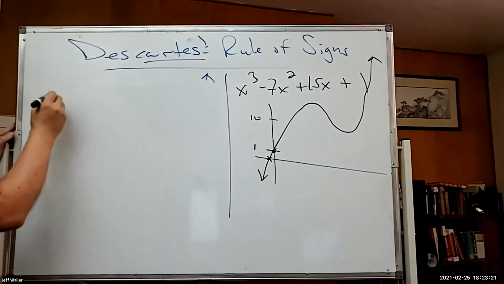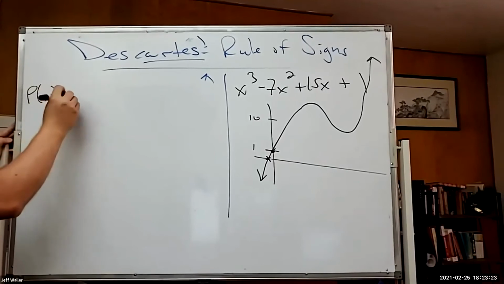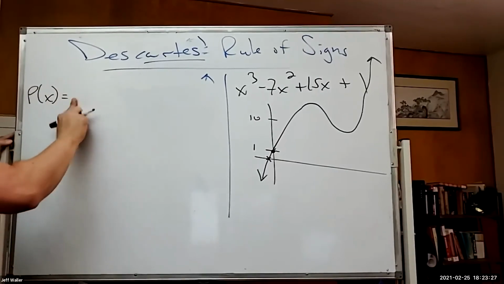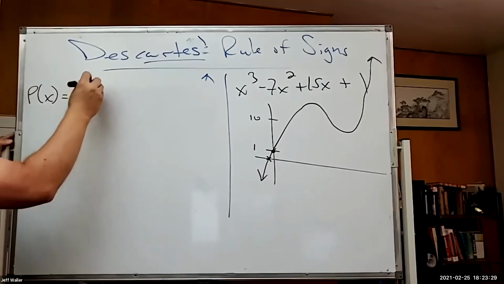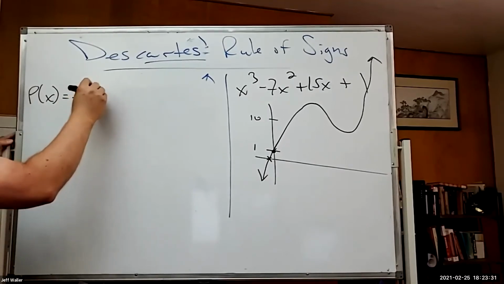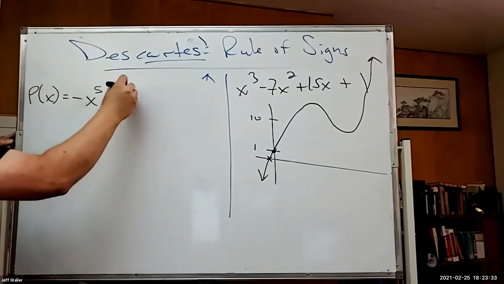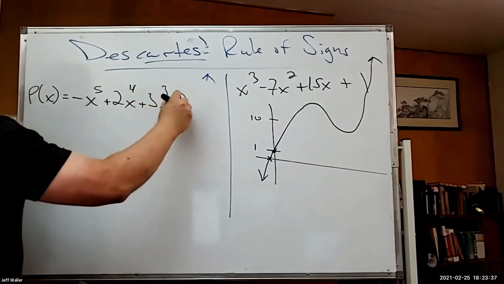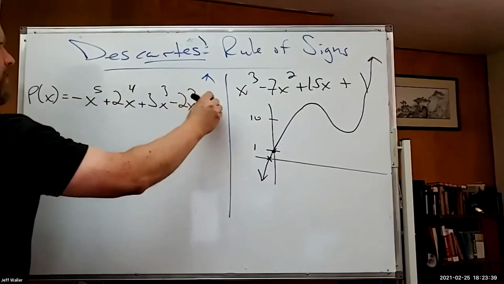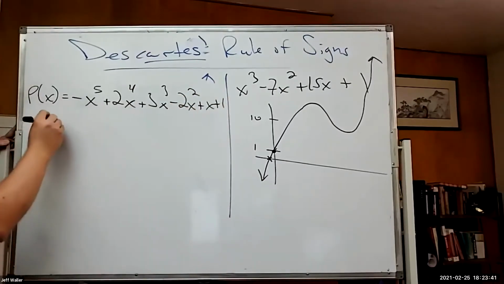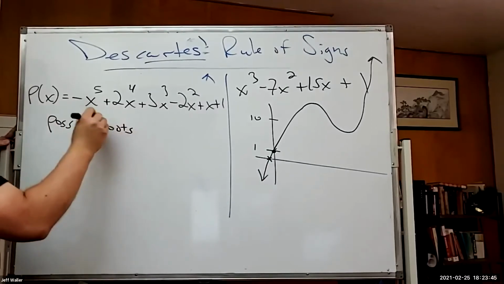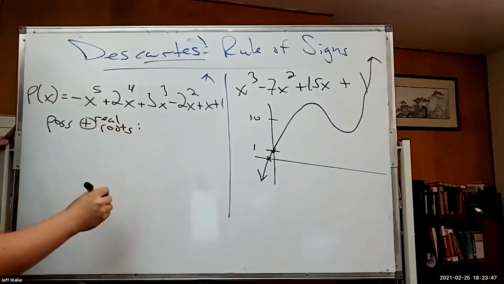Showing you another example. If I have this, let's see. Let's do this. Negative x to the 5th plus 2x to the 4th plus 3x to the 3rd minus 2x squared plus x plus 1. How many possible positive real roots are there?